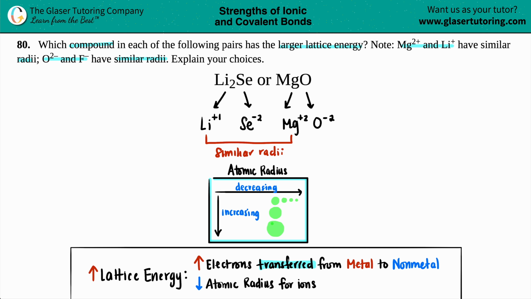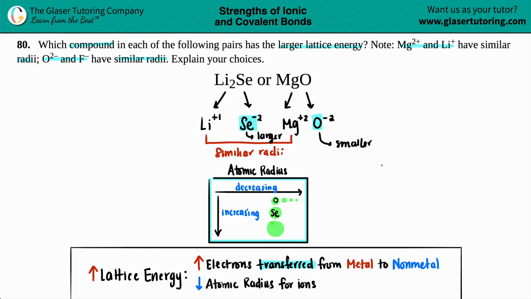So let's find out where these two atoms are on the periodic table, selenium and oxygen. Oxygen is on the top and selenium is on the bottom. As you're going down, you are increasing in your radius, which means that oxygen is going to be smaller and selenium is going to be larger.